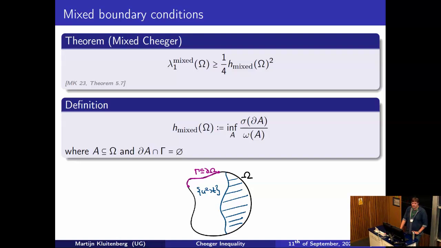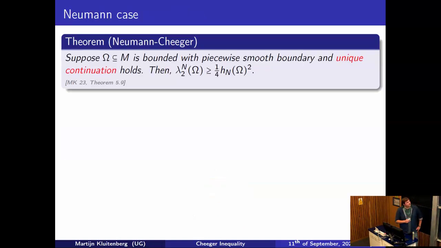So, okay, who cares? Well, I care a little bit about this because I have a reason for caring about Neumann boundary conditions. We also have a Cheeger inequality in the Neumann case. It's almost the same, but it's different. Now I have a bounded domain with piecewise smooth boundaries, smooth enough to apply the theorem of Stokes.